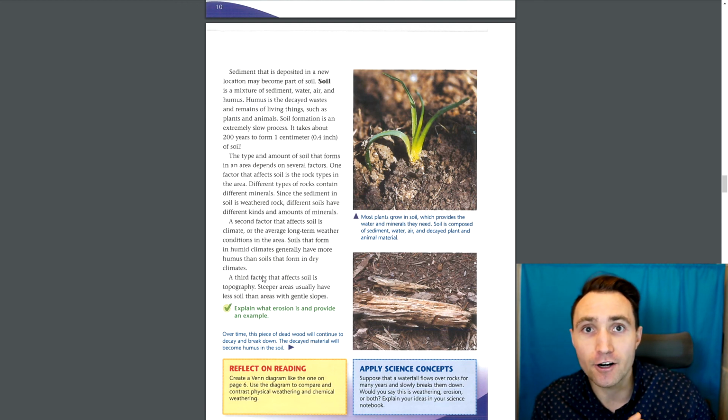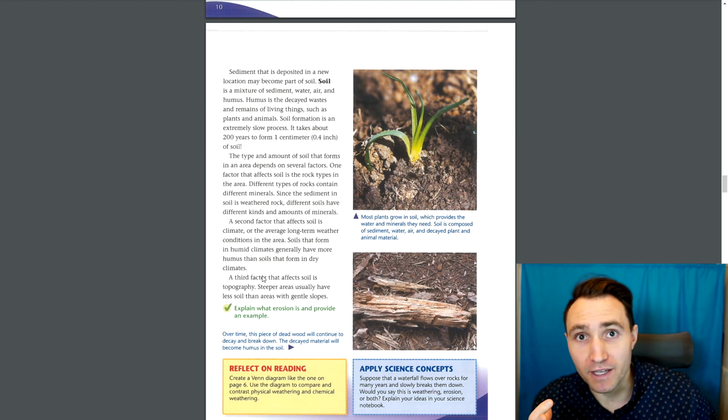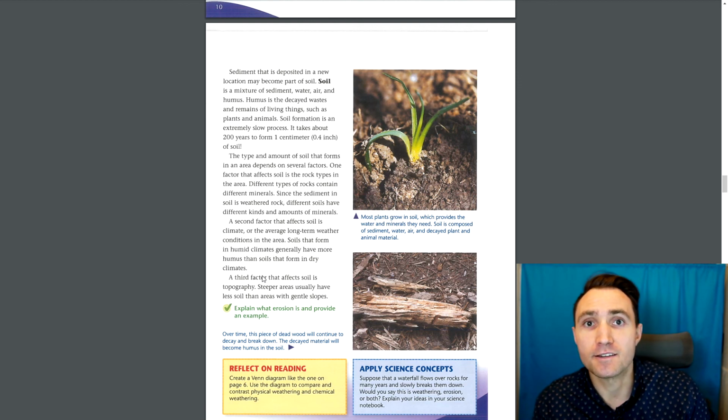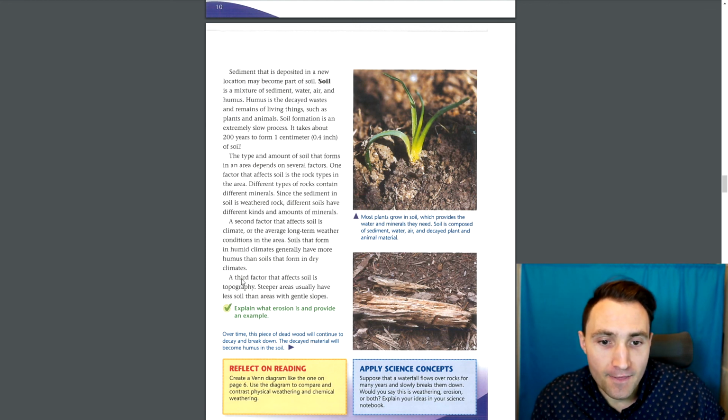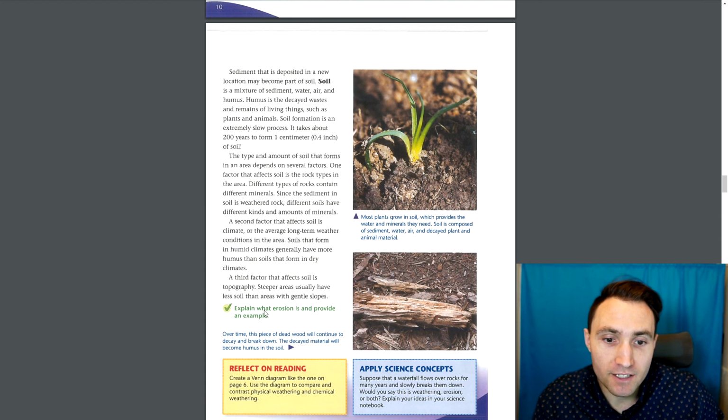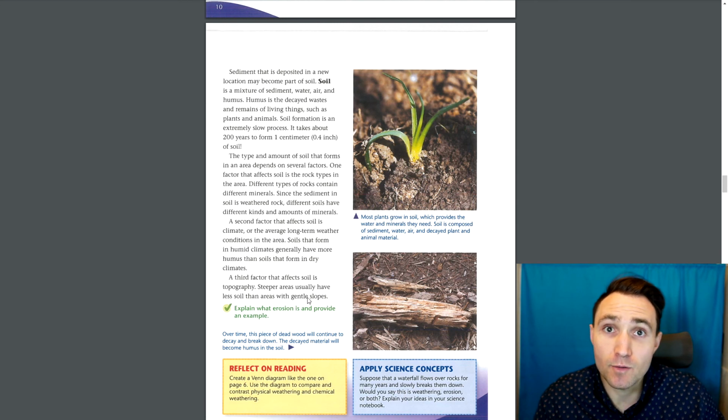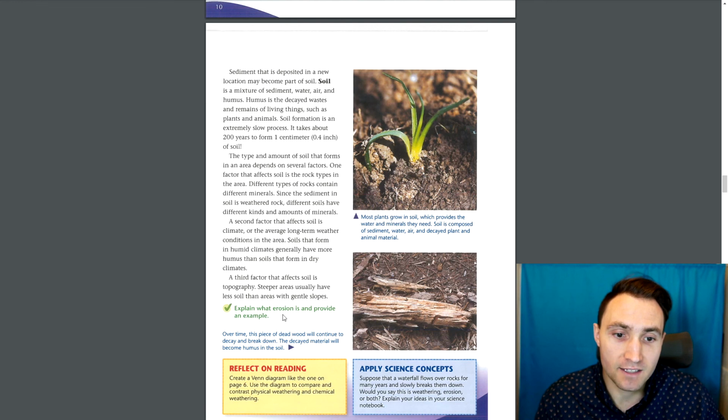It's drier, probably gets hotter and colder. There's not a lot of nutrients in the soil. And then the third factor that affects soil is topography. Steeper areas usually have less soil than areas with gentle slopes. And there's a lot of steep areas around this area, especially us being in the Rocky Mountains. So that has an impact on the soil.